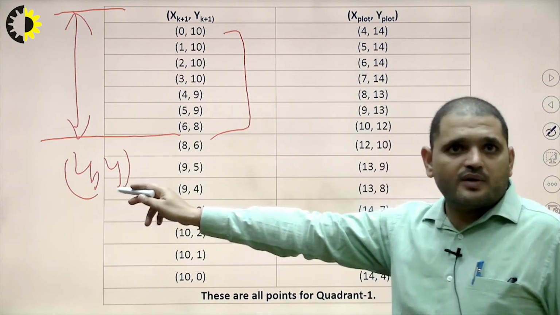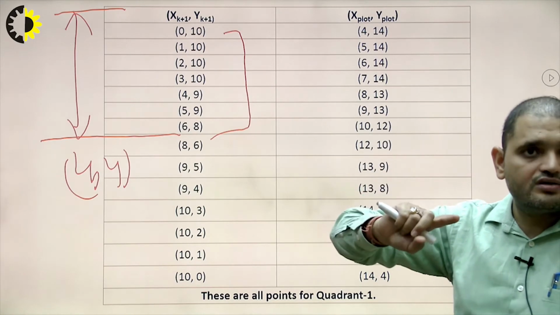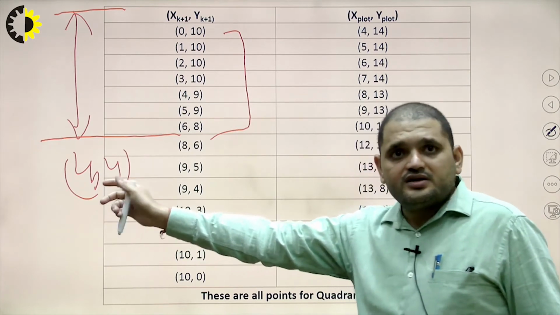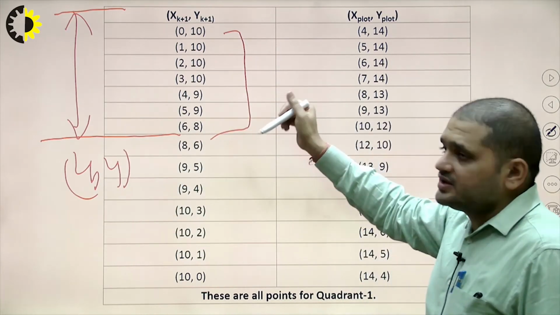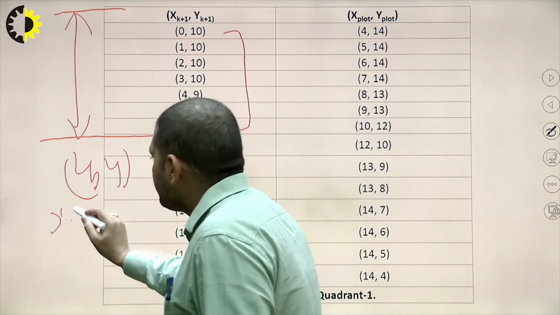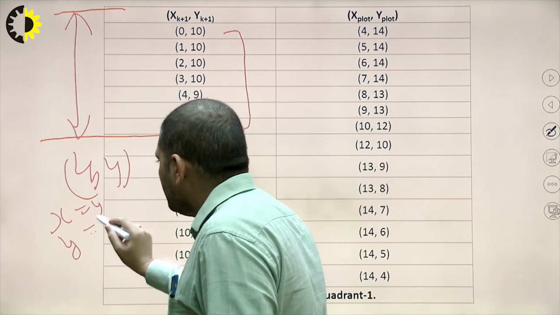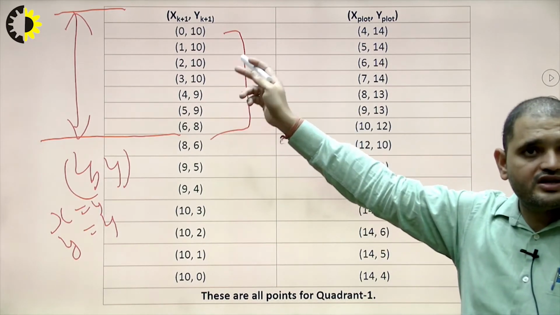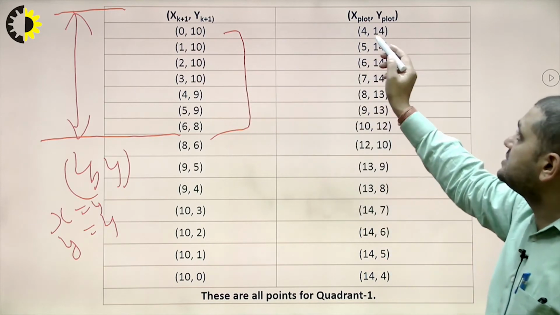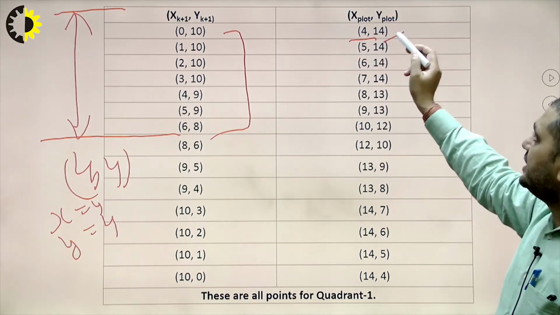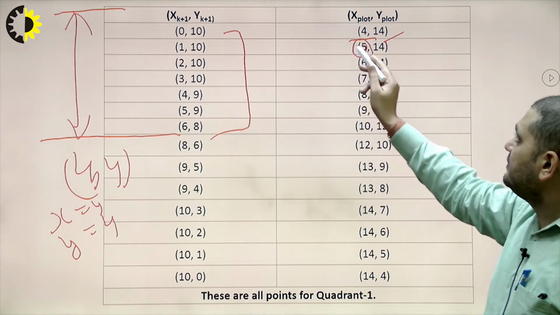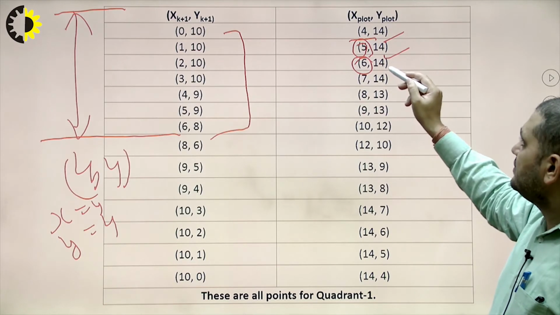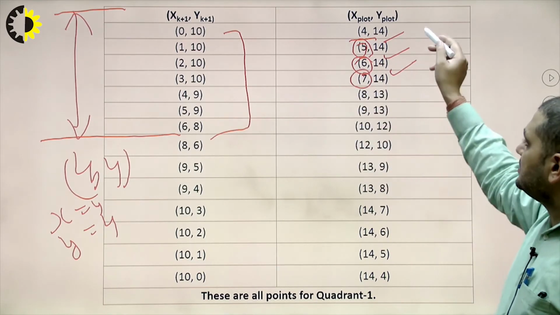If the center of the circle is not the origin, that is 0, 0, and the center of the circle is 4, 4, then we will add 4 and 4, the x value is 4 and y is 4, to the coordinates which we have found using the algorithm. So here 0 plus 4 is 4, 10 plus 4 is 14, and likewise 1 plus 4 is 5, and 10 plus 4 is 14, 2 plus 4 is 6, 10 plus 4 is 14, 3 plus 4 is 7, and it will continue like this.